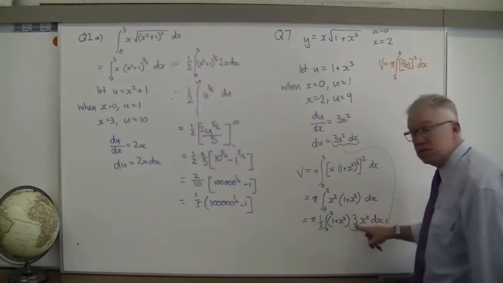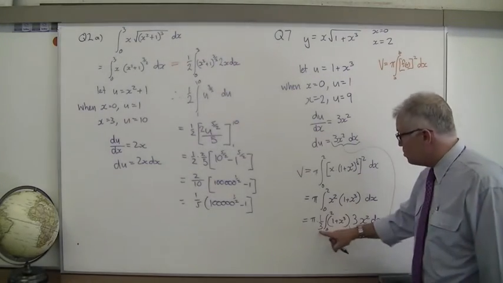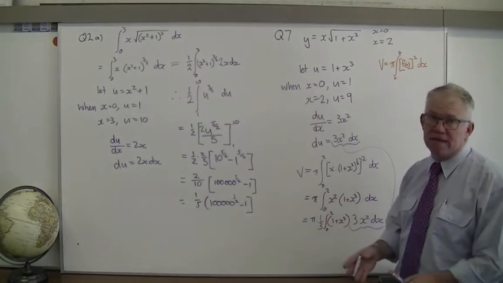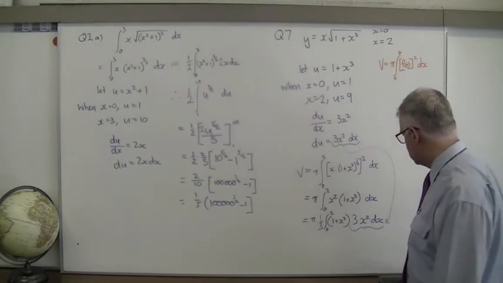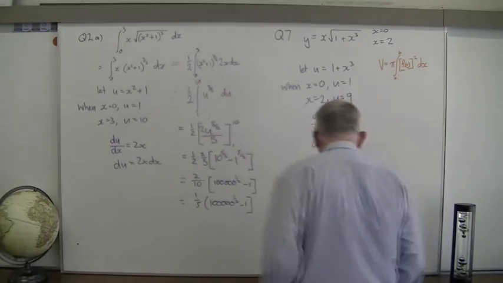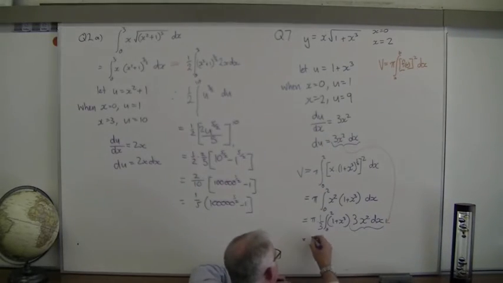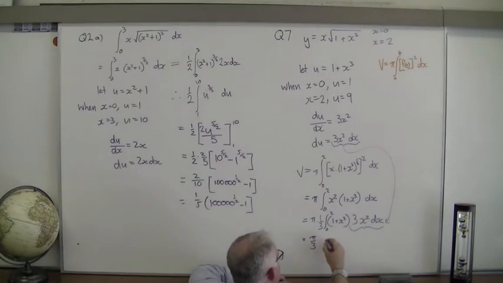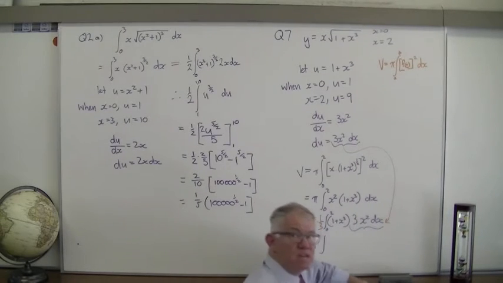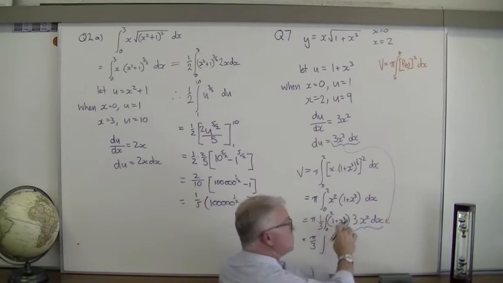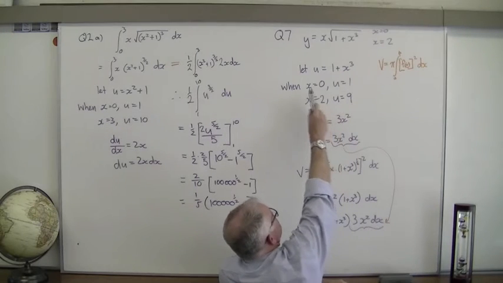This 3 makes it bigger, so I have to put that 1/3 there to bring it back down to its same numerical size. And now how sweet is that? We have pi on 3, this bit here in the brackets, that bit is the same as u, 1 plus x cubed, that's what u is equal to.